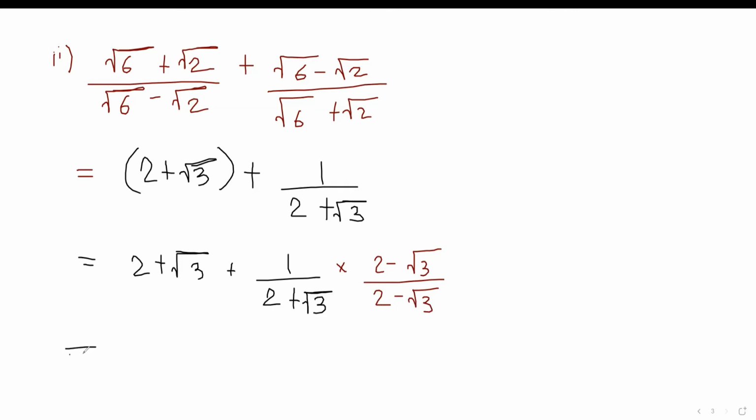And so what we end up getting now is, remember, this is what we're multiplying, this times this. So multiplying those two first, 1 times 2 will become 2, minus 1 times root 3 is minus root 3, over, this becomes a difference of 2 squares. 2 squared would become 4 minus root 3 squared would become 3.